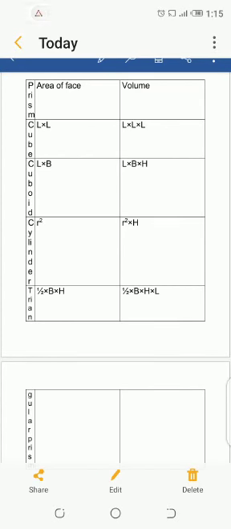Then lastly, for a triangular prism, the area of a triangle is half times base times height, while the volume will be given as half times base times height, then times length, because half times base times height is the area of the triangular face, then times length.